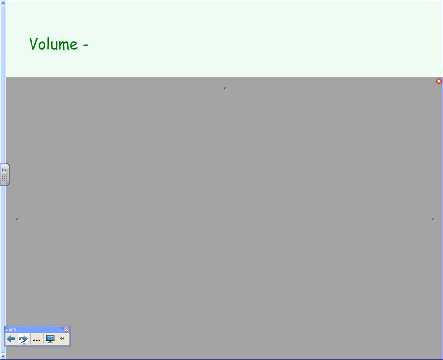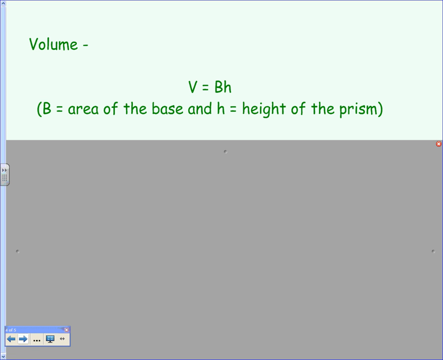Looking at volume. It's the number of unit cubes of a given size that will exactly fill the interior of a solid. Have you seen this formula before for volume?